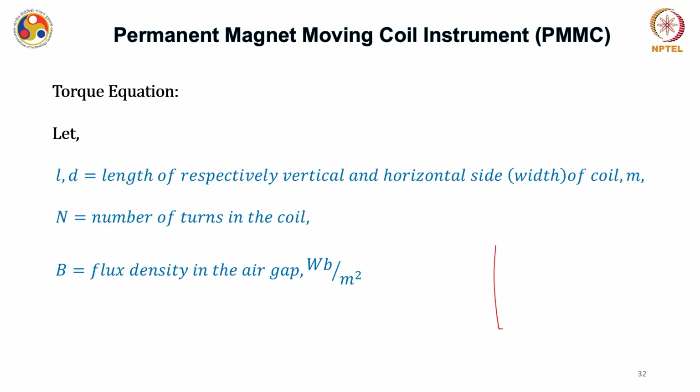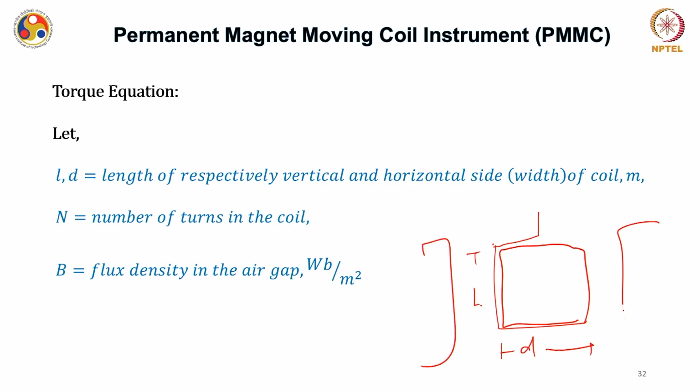So if I say this was, say I am not drawing the former right now, I am directly coiling it. So in this case, say this was the length, okay, and say this is the magnetic system. Okay, so in this case, this is the L I am talking about. Okay, and this is the D. So this is the L length, and this is the horizontal side of the coil, which is the D.